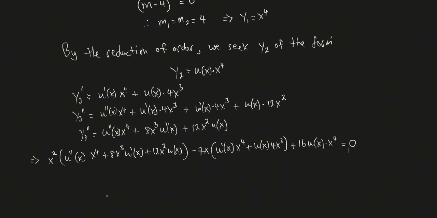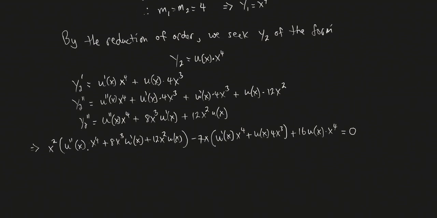Now, surely something should happen that would allow us to simplify. Well, the only way we're going to see that is to do our algebra. So let's distribute the x squared. We'll have u prime of x times x to the sixth plus 8x to the fifth u prime of x plus 12x to the fourth u of x. Now distribute the negative 7x, so we'll have minus 7x u prime of x.